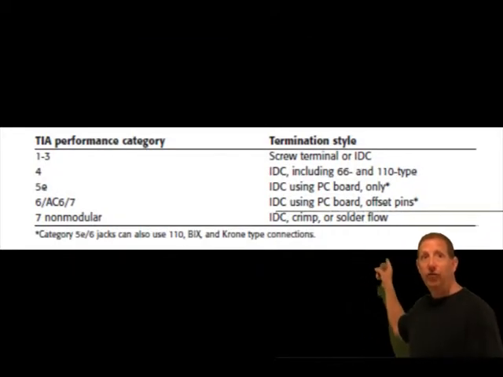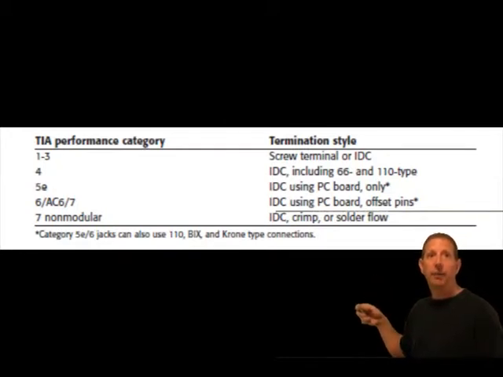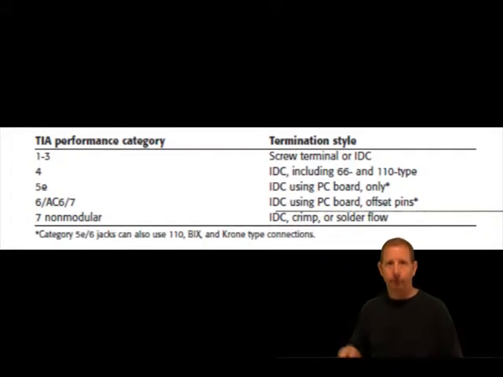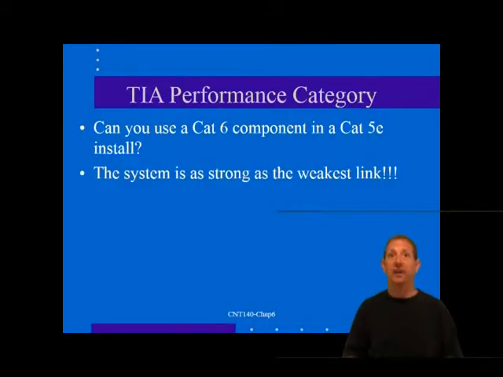Now, of course, any jack that is rated for a higher category than the intended use can be substituted. For example, it is perfectly acceptable to use a Cat6 or Cat5e jack for a Cat5e installation. However, you could possibly upgrade the entire wiring system for very little more cost.